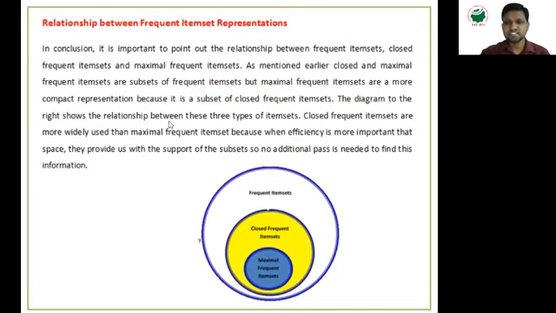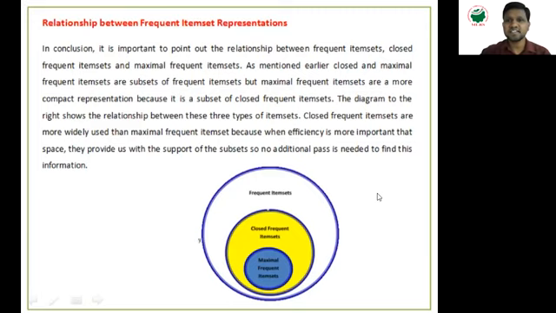By using this diagrammatic representation, you will get the idea about the relationship between frequent item set representations. First identify the frequent item sets. In that, identify the closed frequent item sets. From these two, identify the maximal frequent item sets. In conclusion, it is important to point out the relationship between frequent item sets, closed frequent item sets, and maximal frequent item sets.